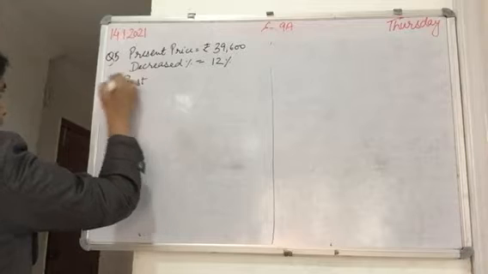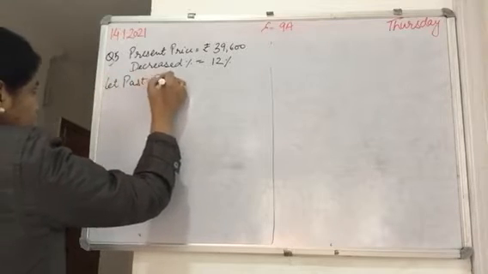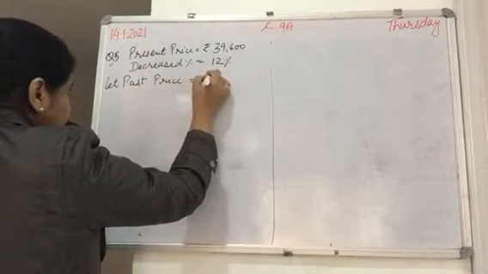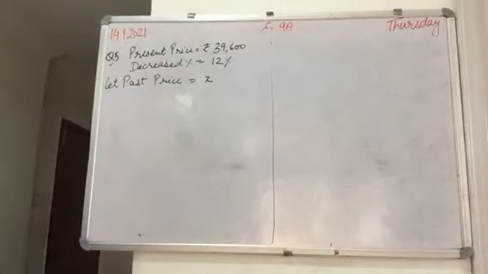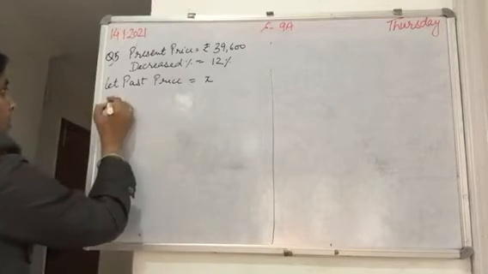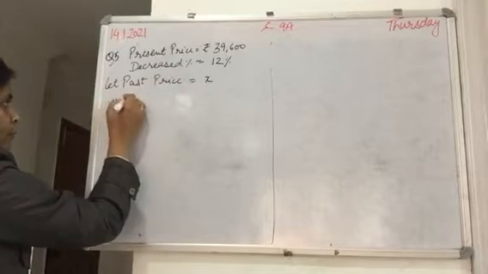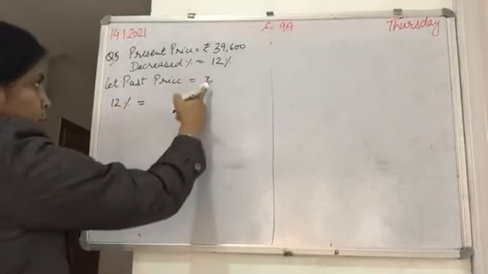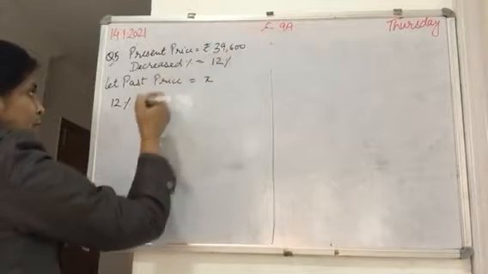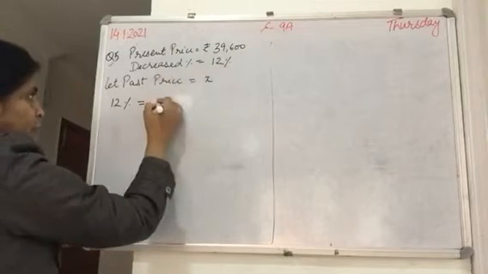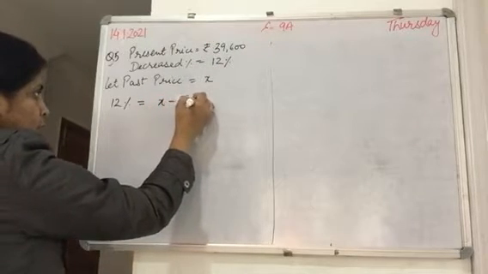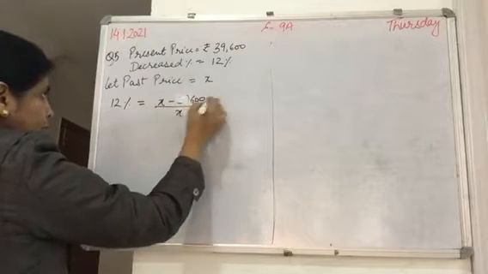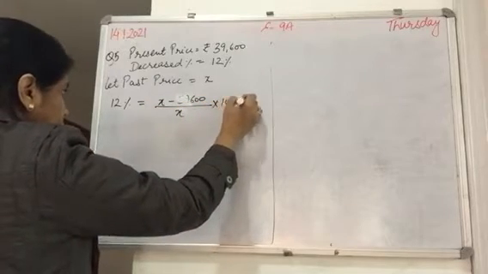Let the past price of the computer be x. Now students, the decrease formula is: 12% equals past minus present, because it is a decrease. So (x minus this) upon x into 100%.